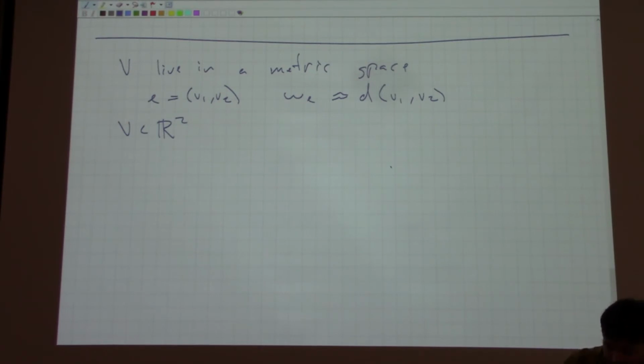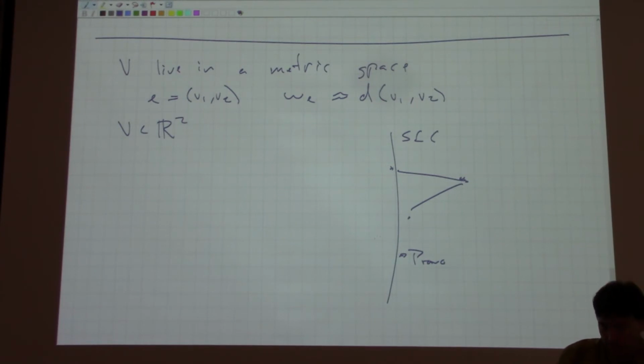You can often think about points on a road. So if you're in Utah, there's Salt Lake City, there's Provo, this is I-15, and then you go up here to Park City and so forth, and off to Wendover and Vegas and so forth.